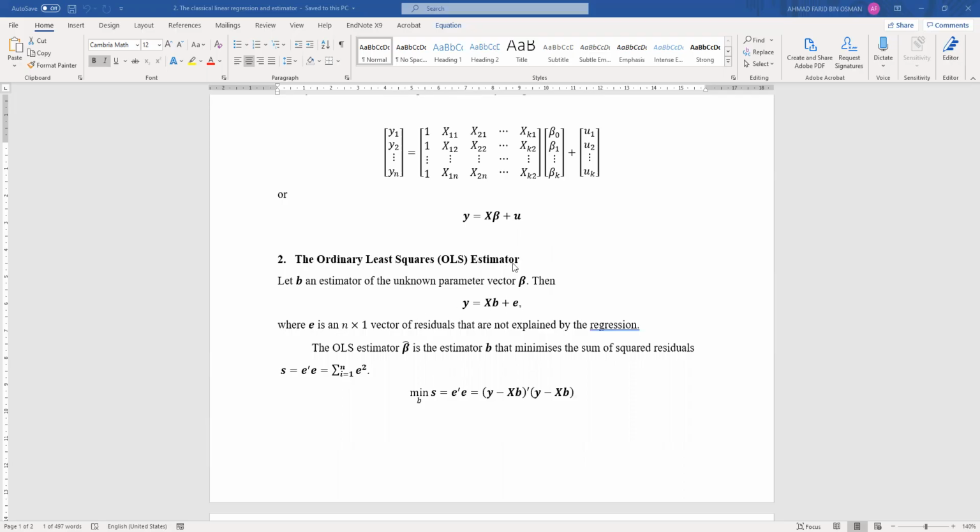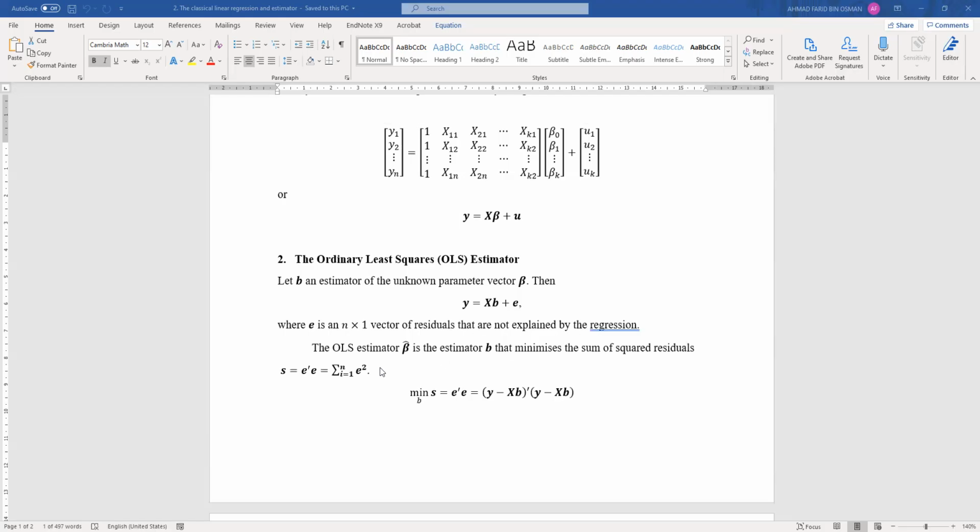Instead of this equation, you can rewrite the equation for the estimated values to be this one, our estimated equation, plus the error term from the sample, the estimate of the error, which we call the residual. So this is a vector containing residuals. A residual is an error term we produce from the sample after we estimate, where e is an n times 1 vector of residuals, which are not explained by the regression.